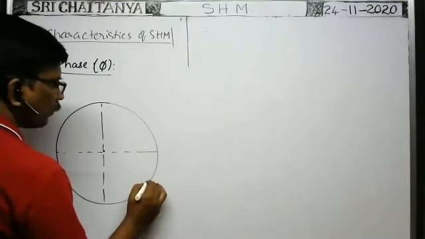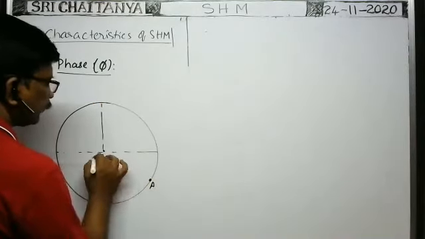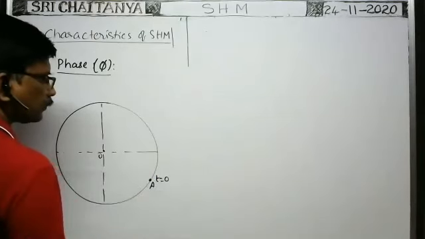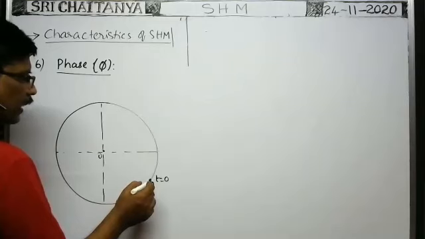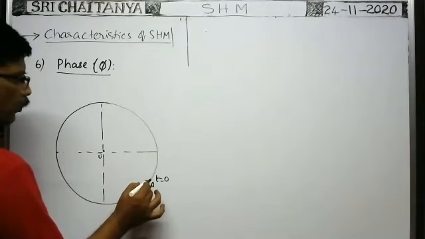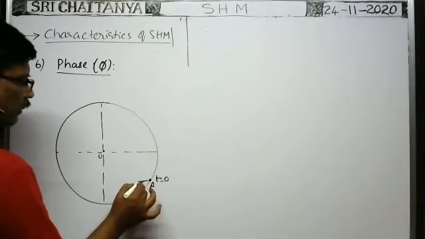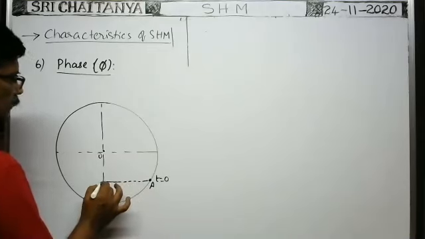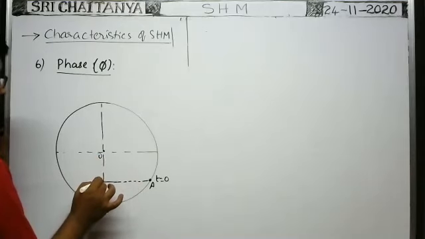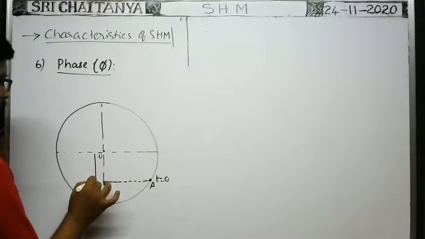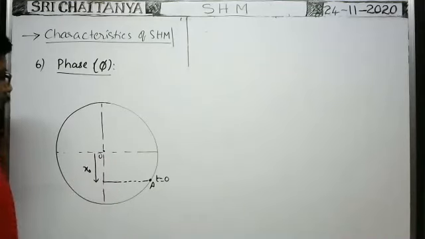At t is equal to 0, the particle lies at A here. After t seconds, on the reference circle, whenever the particle lies here, the projection of this point on the y-axis is here. So at t is equal to 0, whatever the displacement of the projection on the y-axis, that is the initial displacement. This is x naught.